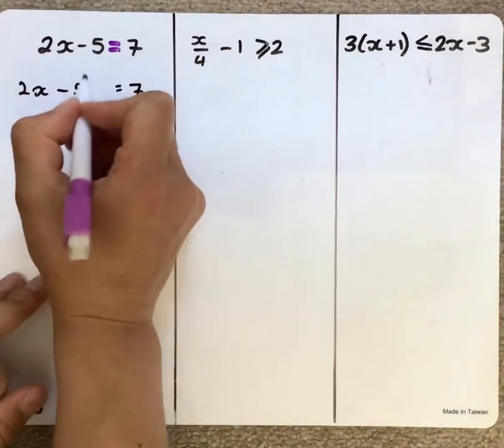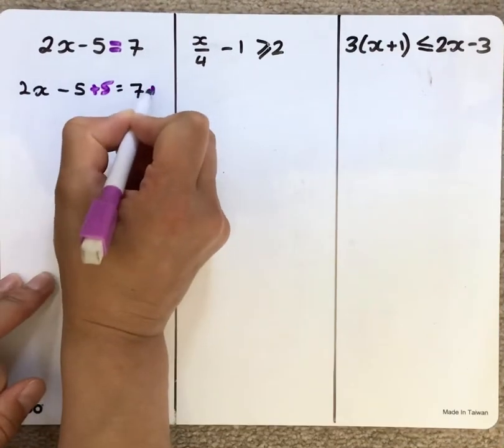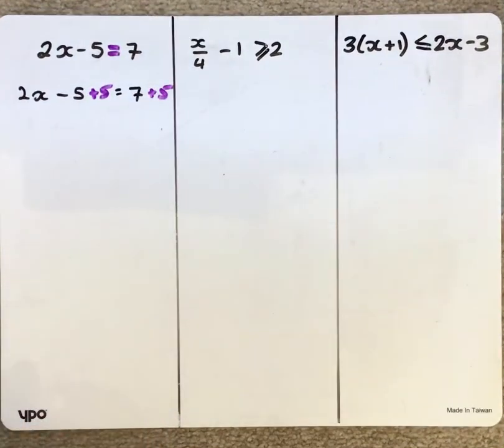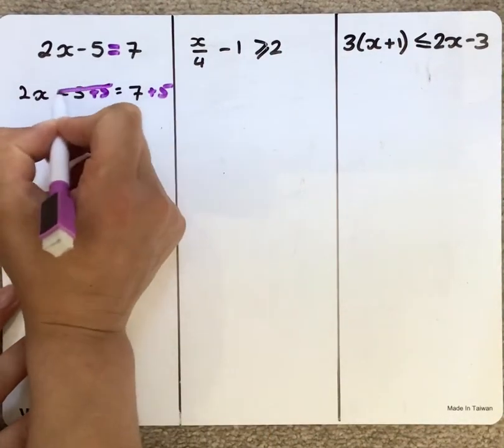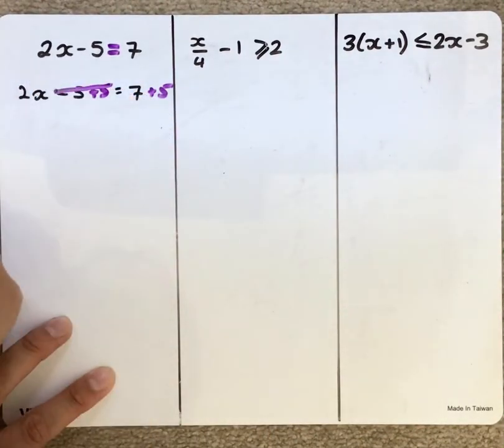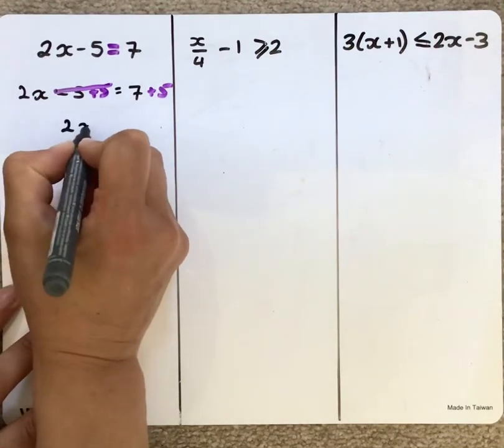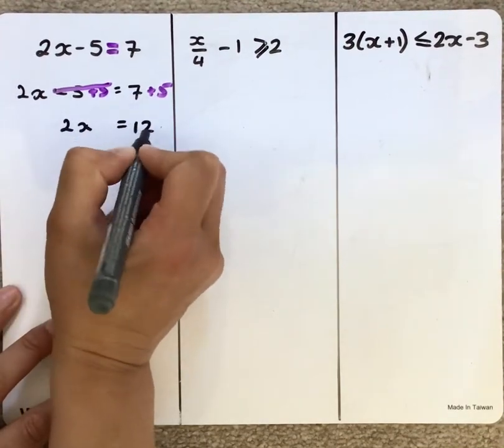We know that the plus 5 and the minus 5 are inverse operations, so they would cancel each other out, and we would now have 2x equals 12.